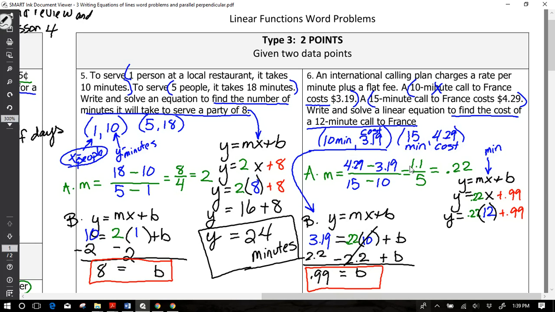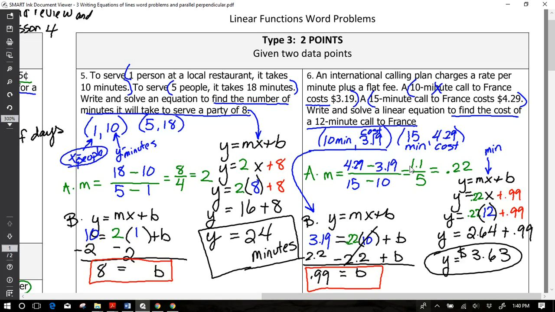And when I do that, 0.22 times 12 gives me $2.64. If I add 99 cents to that, I get $3.63 would be the cost of a 12-minute phone call to France.